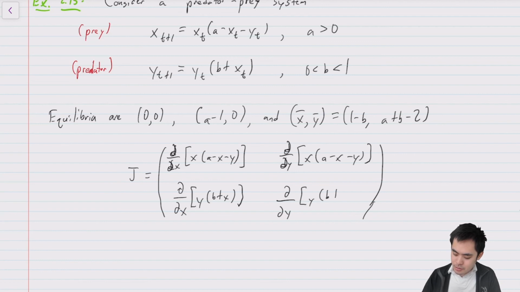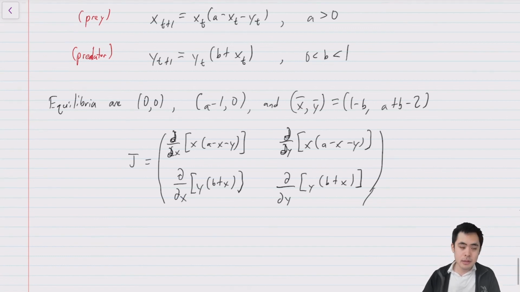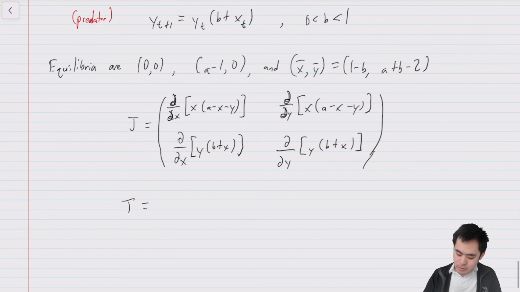And when you compute that, this Jacobian is then equal to a minus 2x minus y, minus x, y, and b plus x.